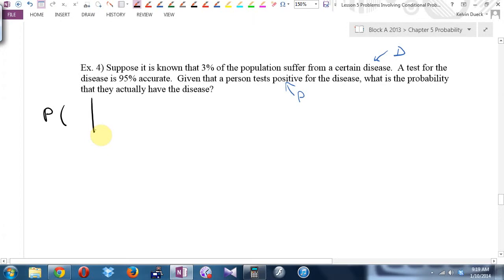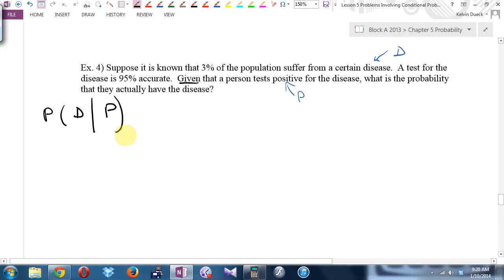What's the given? What do we know? Given what? Read the sentence. Find this word. See the word given? Given what? Don't worry, we're not doing percentages yet. Given what? Test positive. Find what? This is what we're finding.